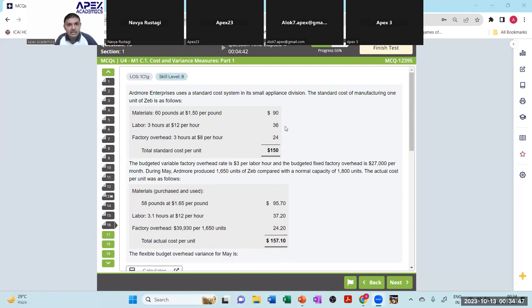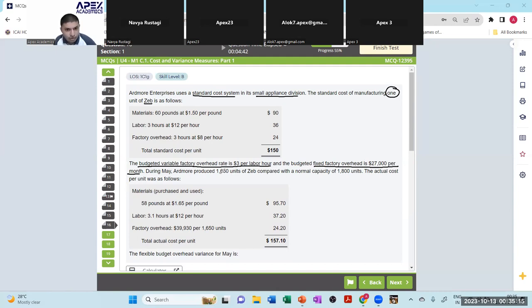Ardmore Enterprises uses a standard costing system in its small appliance division. Standard cost of manufacturing 1 unit of a product called ZEB: materials 60 pounds, labor 3 hours, factory overhead 3 hours, total standard this much. Budgeted factory variable overhead rate 3 per labor hour, and budgeted fixed factory overhead is 27,000 per month.